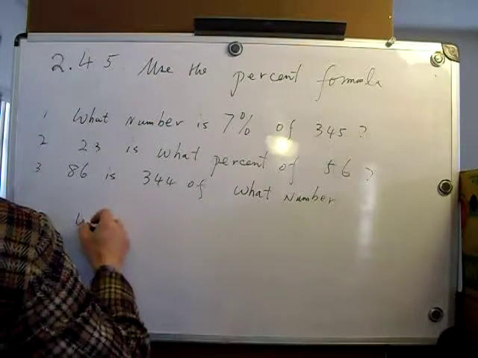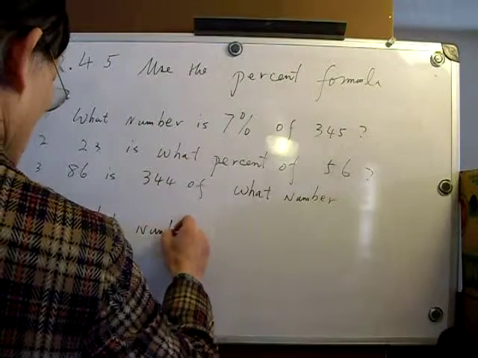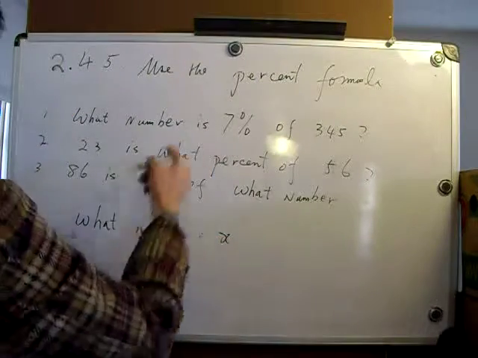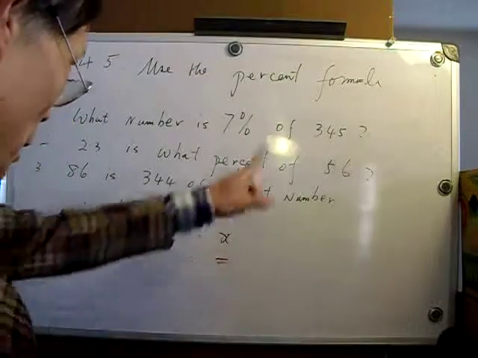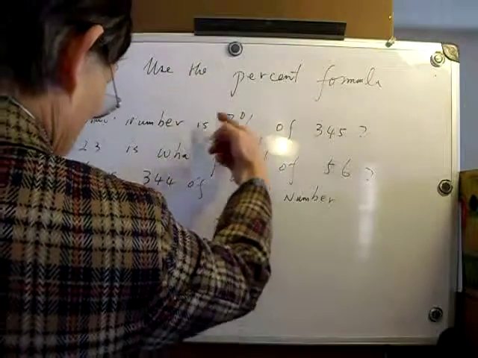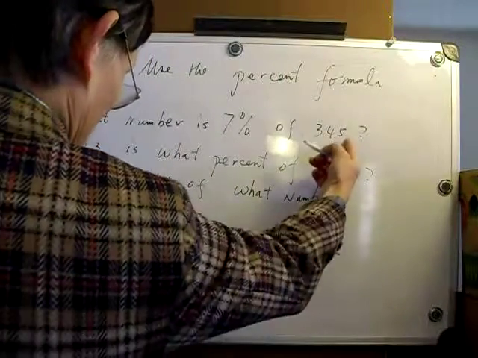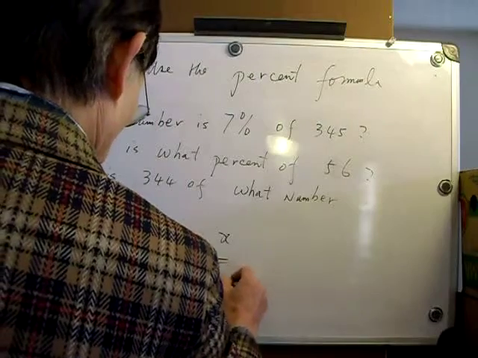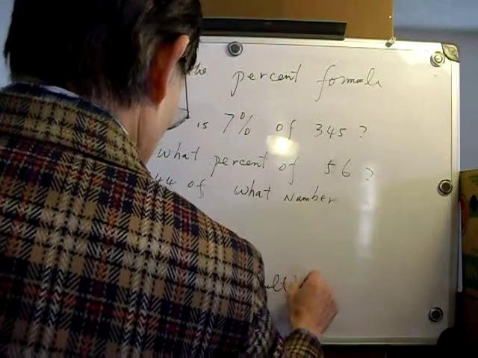So what number, direct translation: x is translated as equal, okay? Of. The number part is just convert that into decimal, the number into the actual number. Of means multiply. Multiply, or use English, multiply.